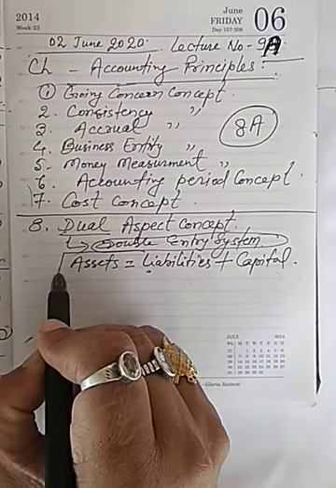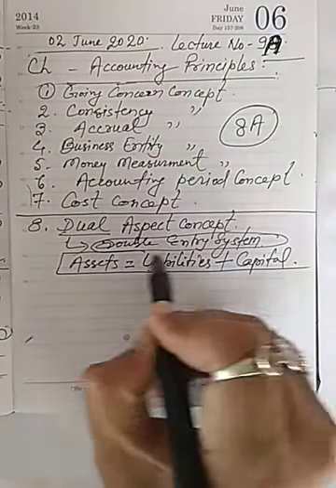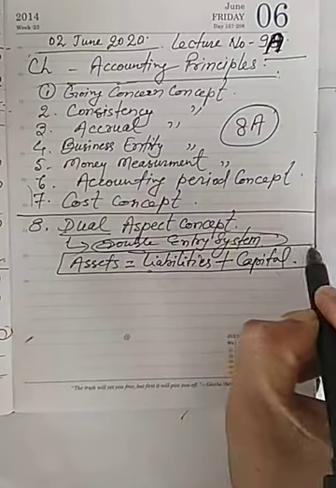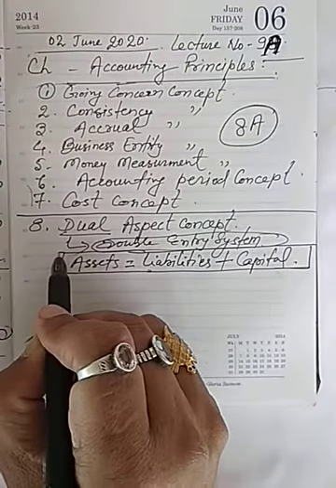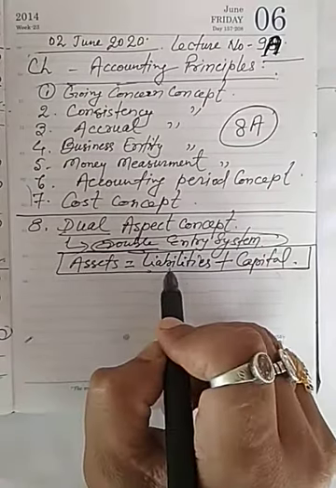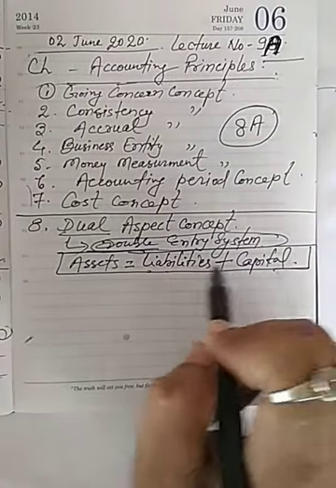This is also called accounting equation. Total assets of business will always equal total liability plus capital.